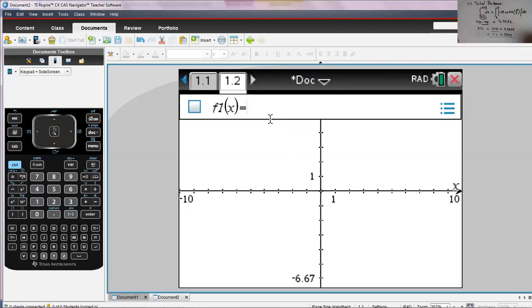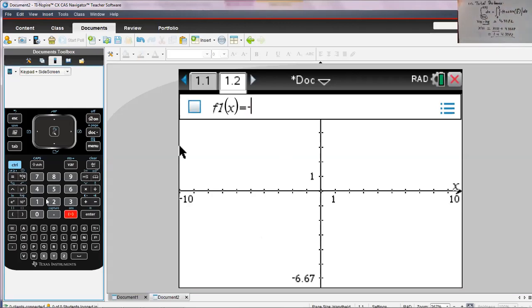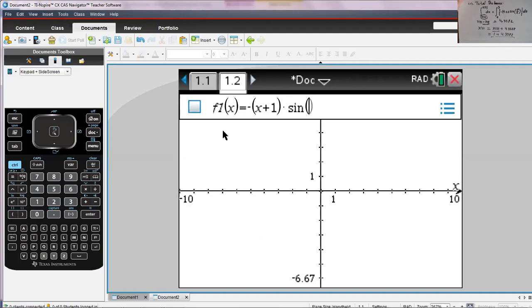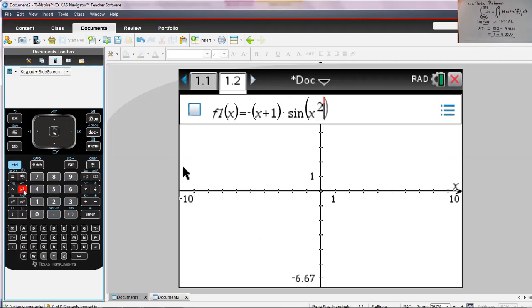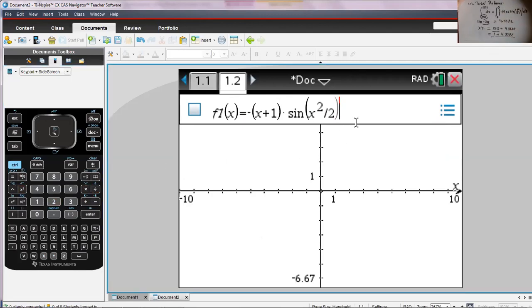And then let me just put here negative t, negative parentheses, x plus 1 times sine of 3 sine x squared divided by 2, correct? And then let's see how is this graph.